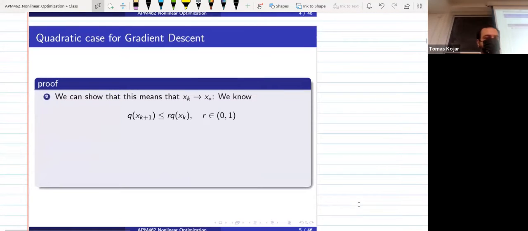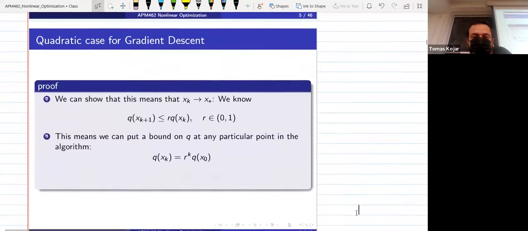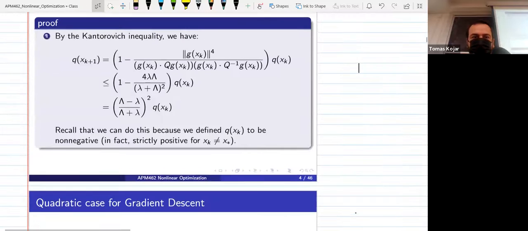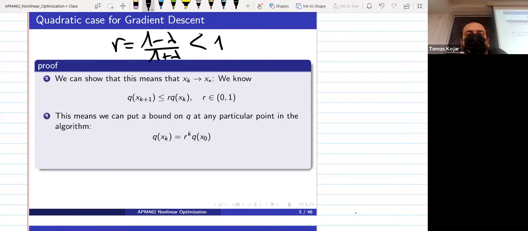All right, so now let's put this to use. Now we just show that, where is R? Yeah, so we have this lambda, all right. So R is equal to lambda minus over lambda plus. And this guy is less than 1. Can someone tell me why? Just to see if you understand. It's obvious, huh?